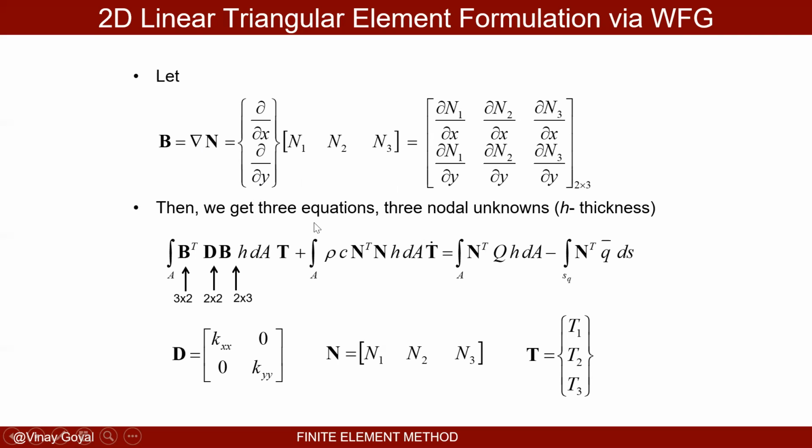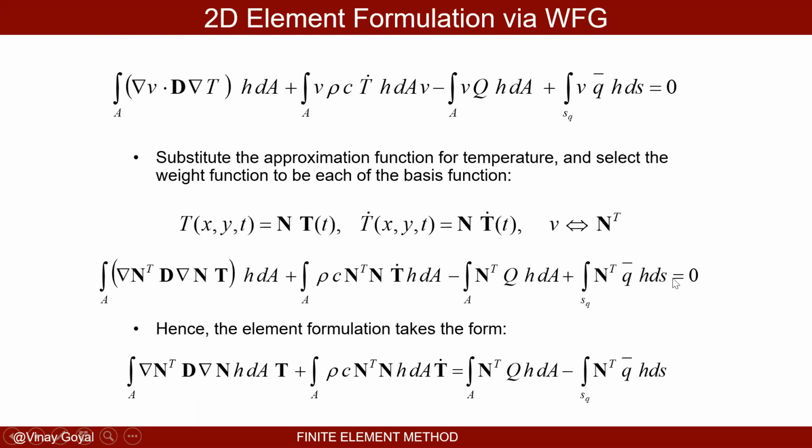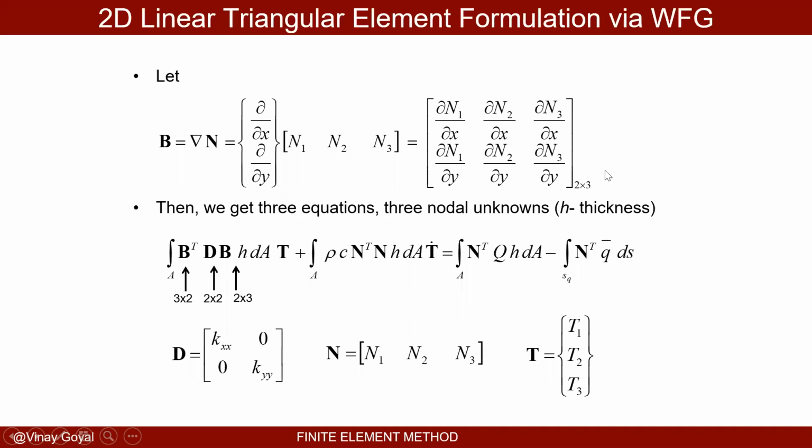So we get 3 equations and 3 unknowns in terms of the temperature. You can see B bold transpose becomes a 3 by 2. D bold is 2 by 2 because it's a 2-dimensional problem. You can see that here. B bold is 2 by 3. Therefore, this whole thing gives you 3 by 3. That makes sense. Everything else is the same as I showed you here, but I want to discuss the size of the matrices and how to calculate that gradient of N bold, so it's clear to you how to do that.